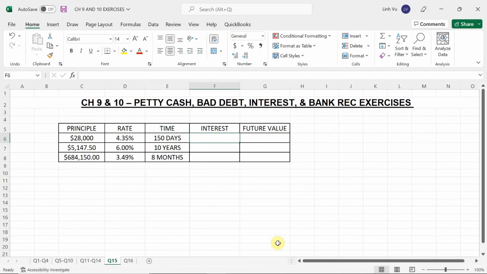Did we divide 150 days into months? Correct.